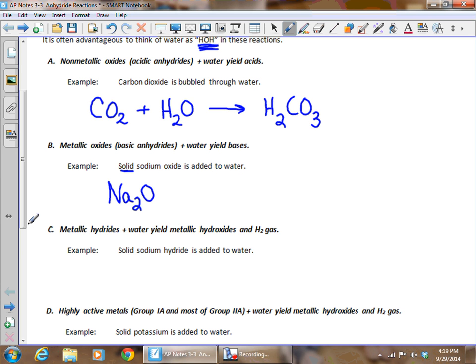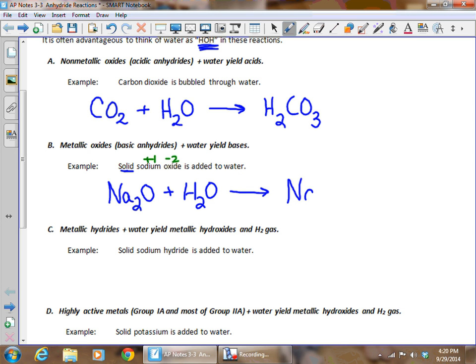If sodium is a +1 and oxygen from oxide is a -2, then it's going to take two sodiums to satisfy that oxygen in the formula. So Na2O is added to water, and when we do, we get a base. From looking at this, I feel like you should be able to figure out what base would be formed. And it is sodium hydroxide.